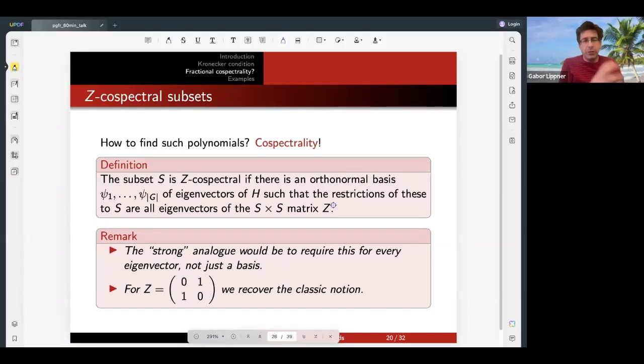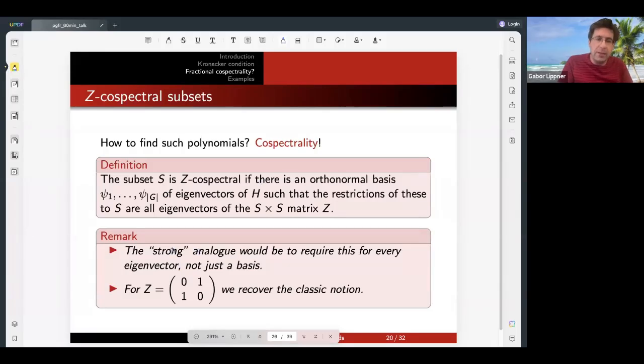I can either change the 2 by 2 matrix I'm looking at, or I can look at a bigger subset and choose any matrix there and ask for an eigenbasis that restricts to eigenvectors of my matrix. This is not the strong version of cospectrality; this is the original version.